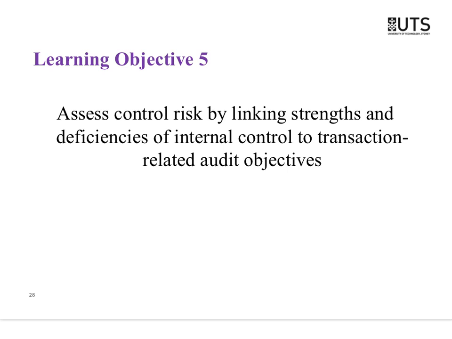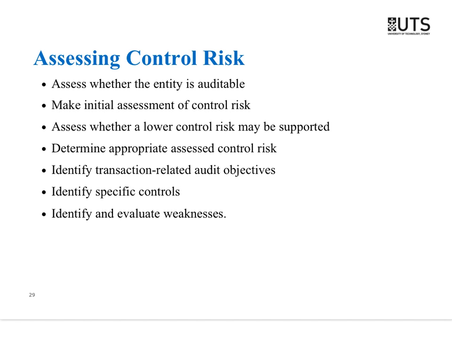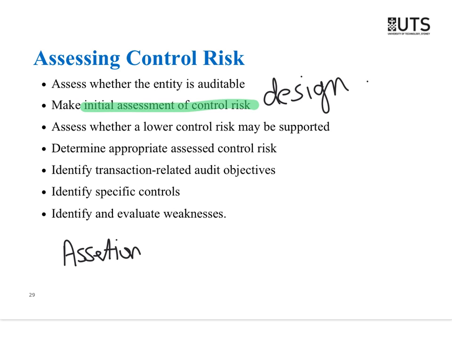All right, so how do we tell whether a company has good internal control or not? So what we do is we make our initial assessment of control risk based on the design of the internal controls. All right, and so what I'm looking for is I'm saying for every single assertion, is there a control that goes with it?